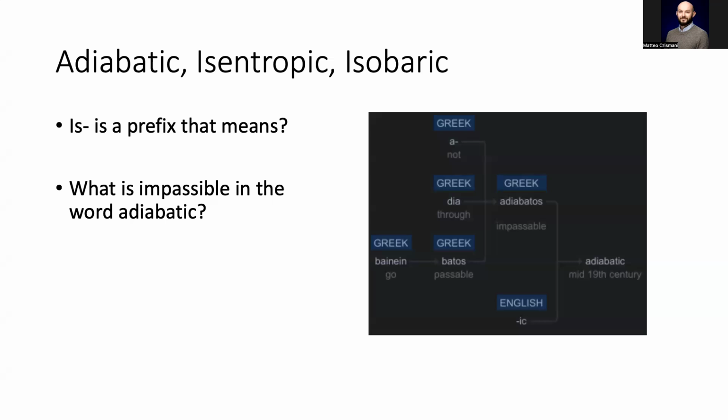Okay, so when you see the word now, adiabatic, what is not going through? Heat. Right? And I want you to take a few seconds to think about this idea, because heat and fluids have a long relationship. Before we understood that they were molecules, do you know what the theory of heat was?